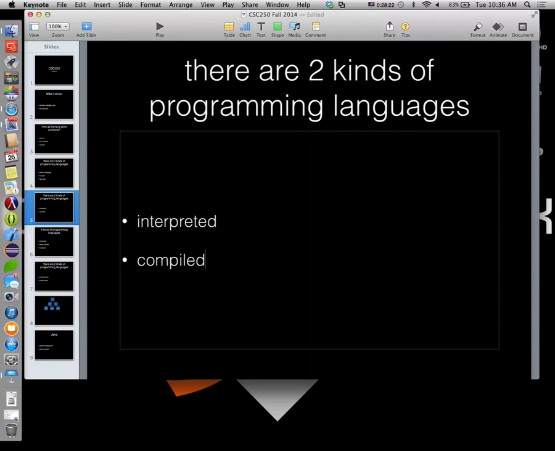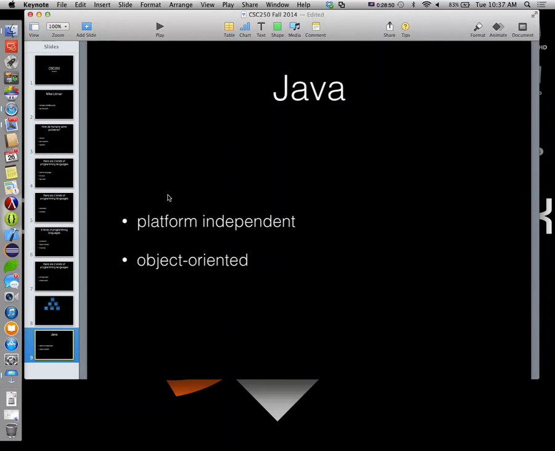An interpreted language does the conversion, we can still say from high level to low level, really just in real time, while the program's running. Now, Java is a compiled language, but there are aspects of Java that act like an interpreted language. I'll talk about that here in a few minutes. That's related to this whole platform independent piece.